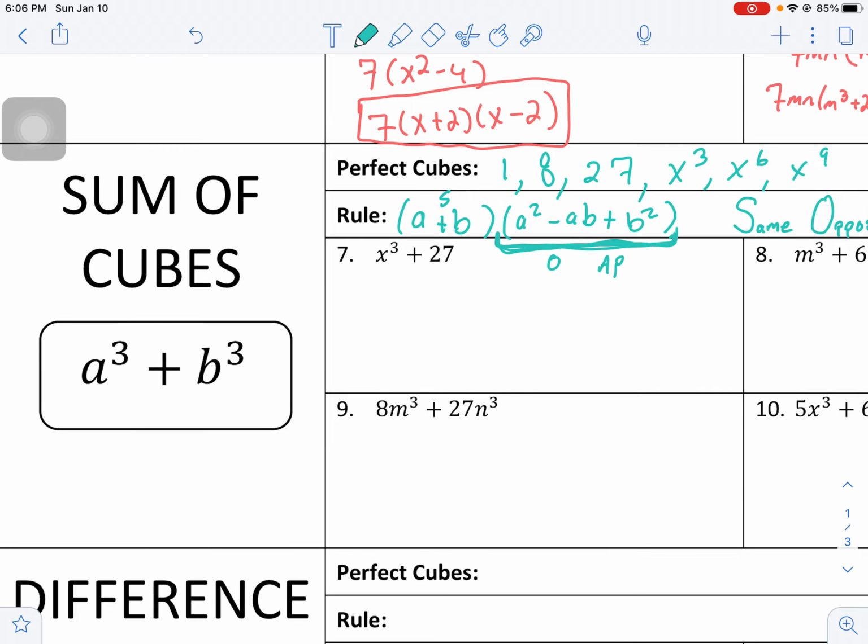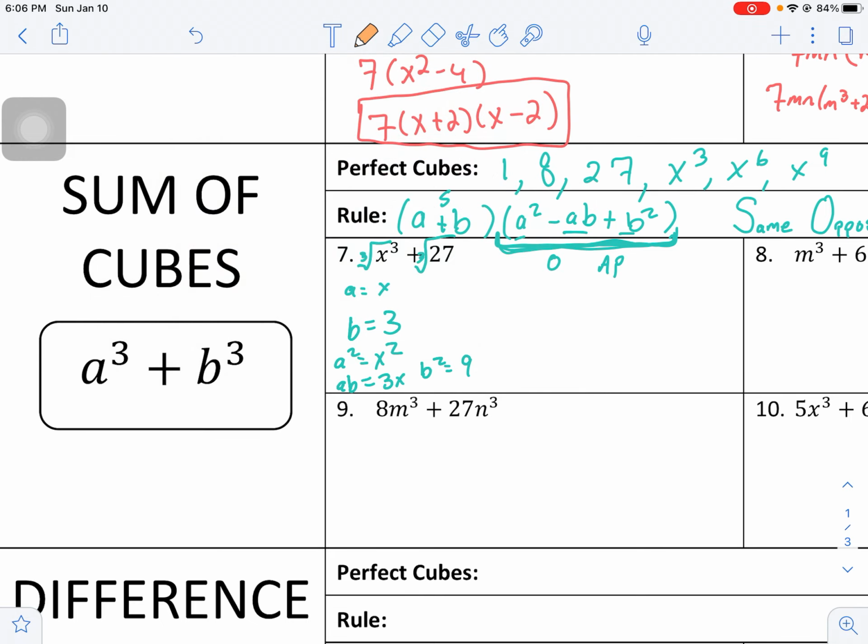So how do we even get a and b? Well, we just take the cube root of both of these. Okay, so the cube root of x cubed, so that tells us our a is just x. Our b is going to be 3. And now we're just filling this in. It could be helpful to have an a squared, an ab, and a b squared, so why not? A squared would be x squared. A times b would be 3x, and then b squared is going to be 9.